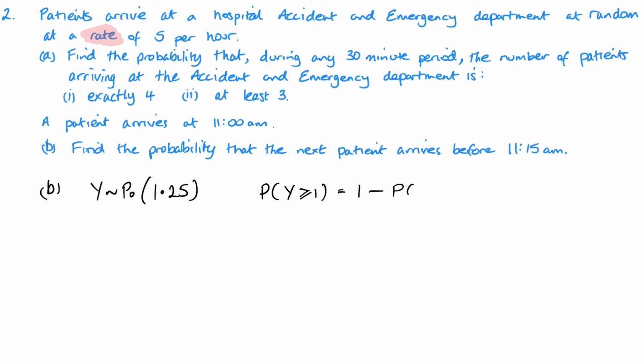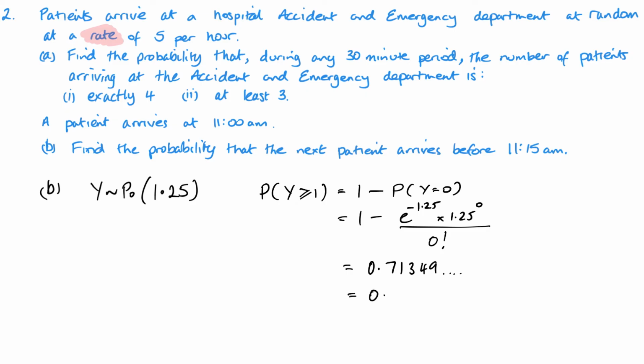So this is 1 minus the probability that y equals 0. And this then I would go to my formula. So e to the minus 1.25 times 1.25 to the power 0 over 0 factorial. And that will give me 0.713, and then we've got 4, 9, and so on.